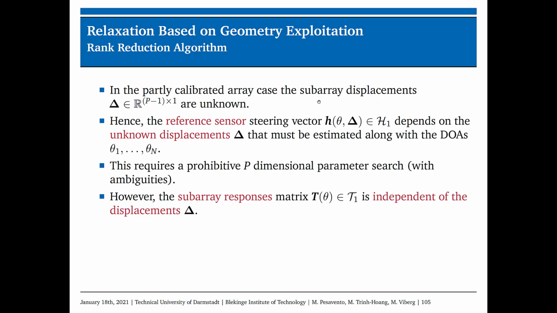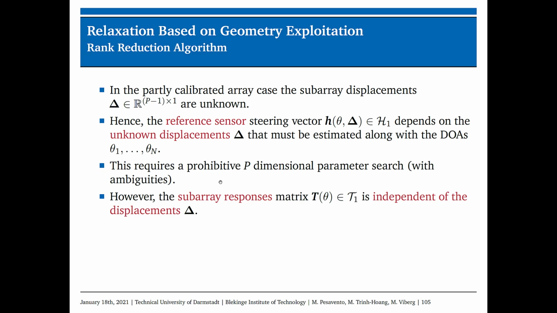The problem that appears is that the subarray displacements in the partly calibrated array are unknown in practice. Therefore, the reference sensor steering vector H depends on both the displacements delta and the DOAs. A simple spectral search is therefore not possible, and a p-dimensional search is required instead.